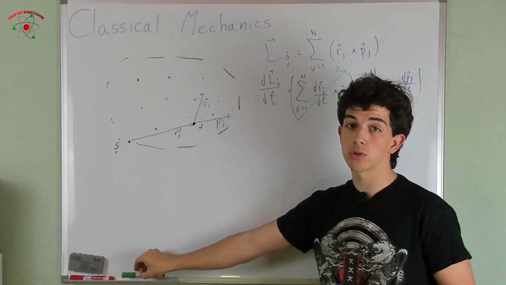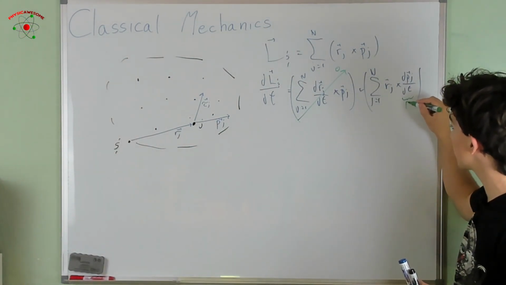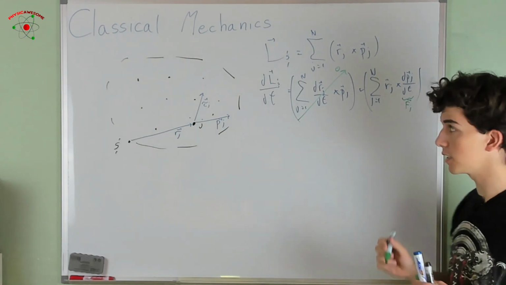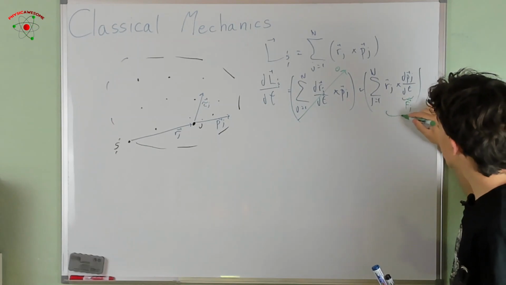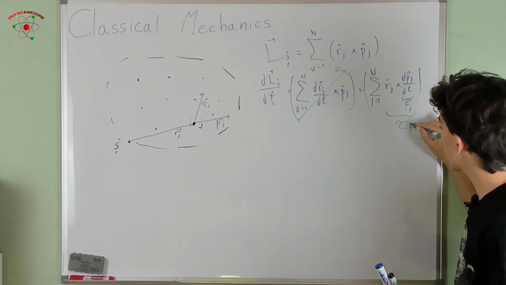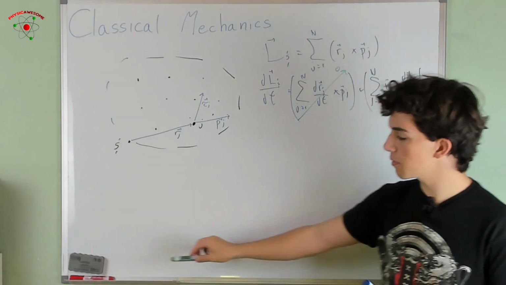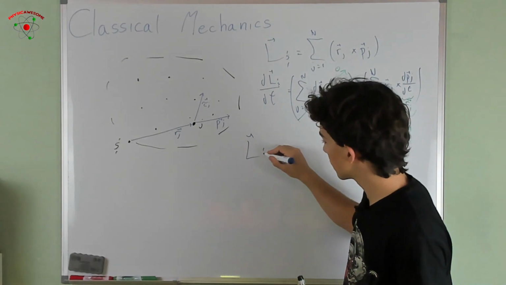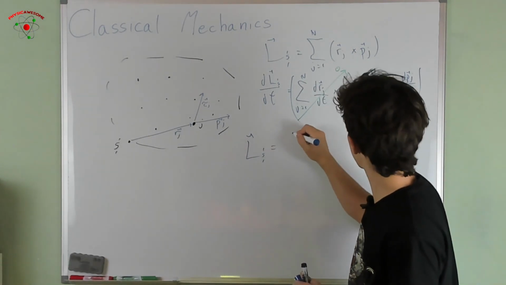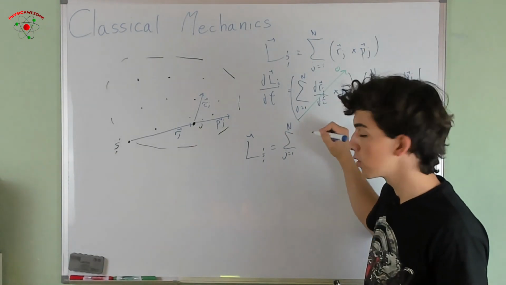And we also find that this term over here is no other thing than the force on the jth particle by Newton's second law, and therefore this entire thing is no other thing than the torque of that jth particle. Therefore, we find that dL/dt is equal to the sum from j equals 1 to n of the torques τj.